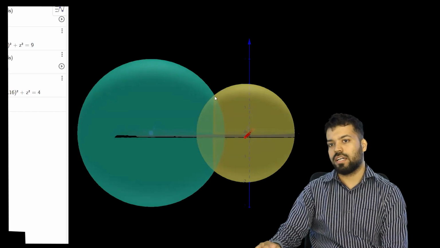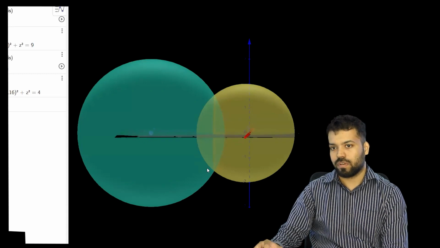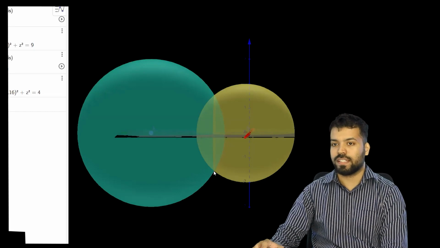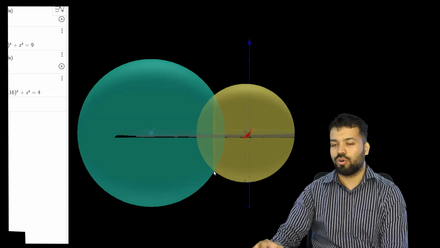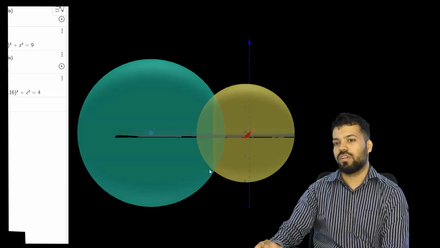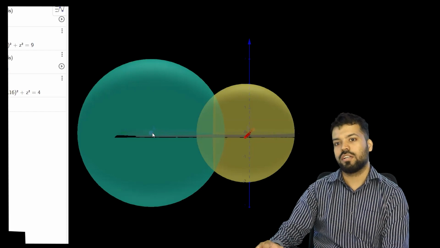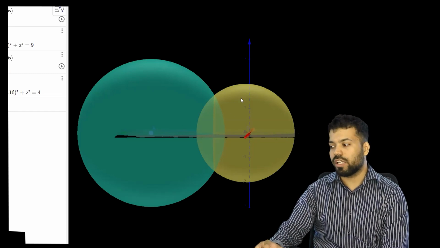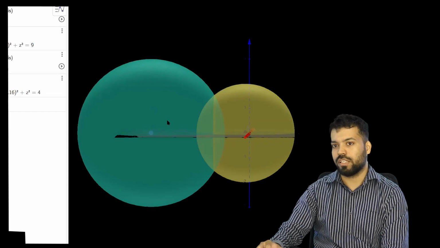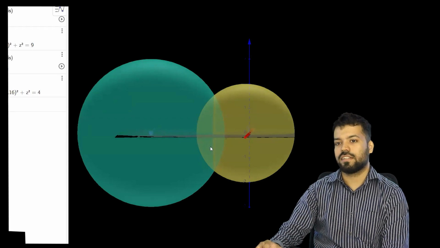Now if you compare, the original surface area was this one, and this is the dimple. Is the surface area of the dimple more or less? More. So it all depends on with what sphere you are creating this dimple. If you take a bigger sphere compared to the original sphere, you will get lesser surface area. If you take a smaller sphere compared to the original sphere, the dimple surface area is more than that of the original one. Is this clear?